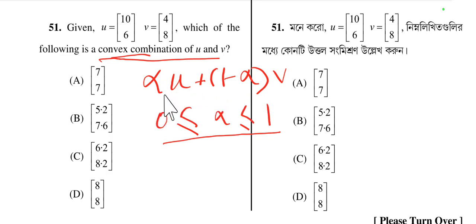In option A, we put alpha into u plus (1 minus alpha) into v.